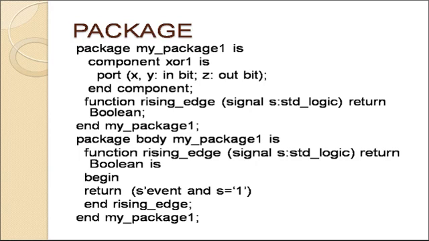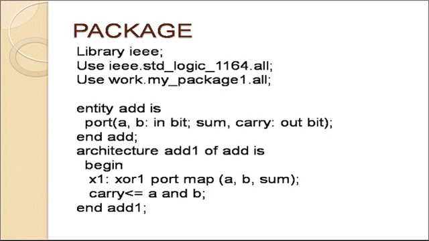Now how to use the package? I already told you that whenever you write any package, that package must be compiled into a library, or it is saved in a certain library. Here this my package is saved in the work library. Now you understand by looking at these two statements.